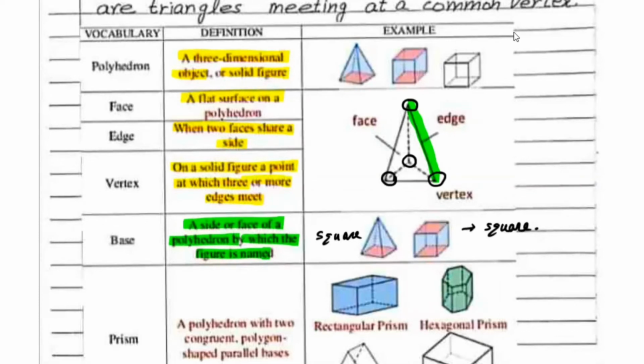But in the first figure the faces are triangular in shape, and in the second figure the faces are square in shape, right? So depending upon the base, we give a special name to the polyhedron, right?